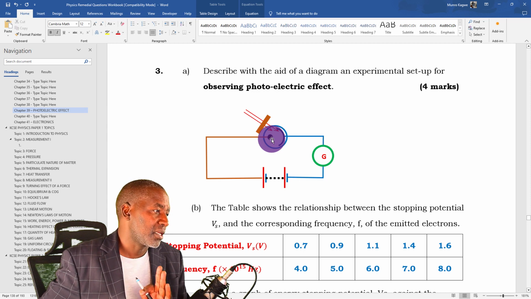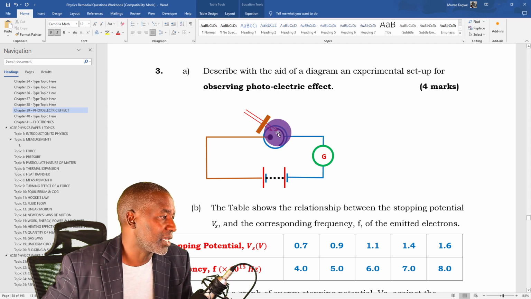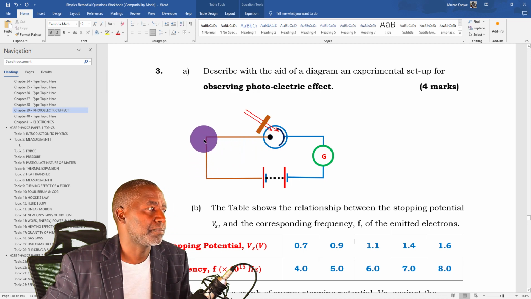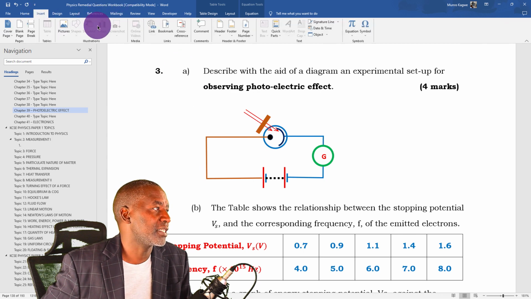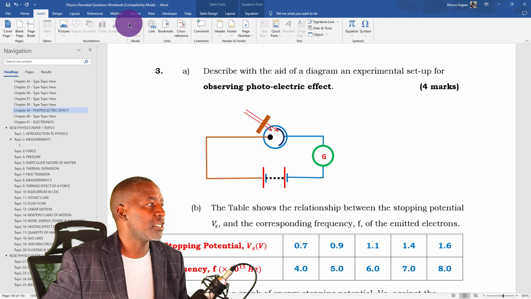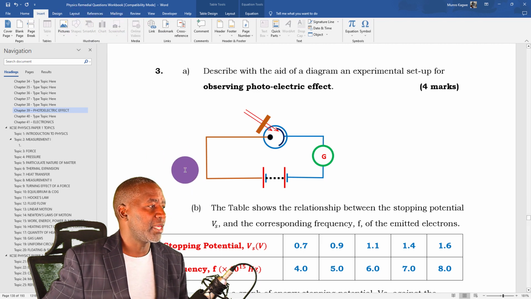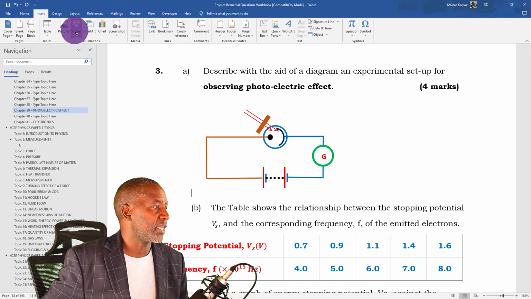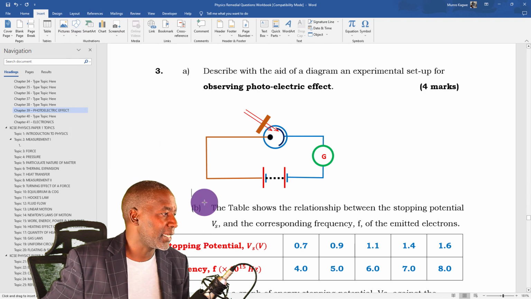You must ensure that. Of course, there is something else that we forgot in this particular circuit. We are supposed to have a rheostat. Let's just insert that rheostat there, because as it is, it will not be complete. Let me see whether I can quickly add a rheostat.